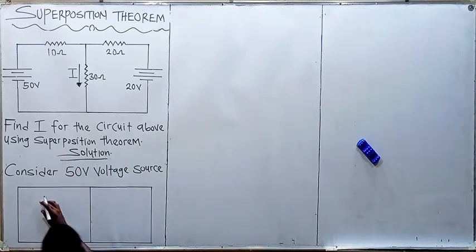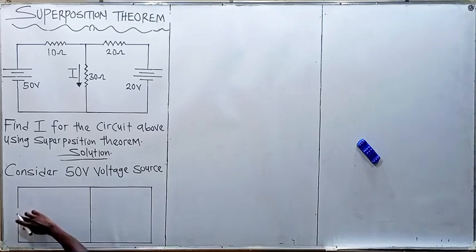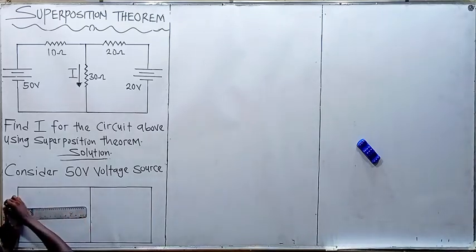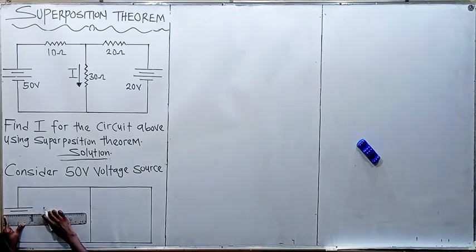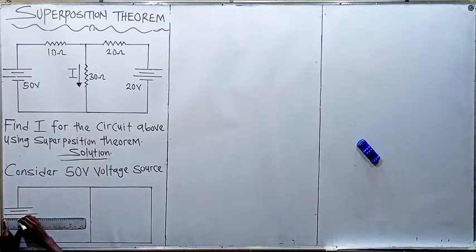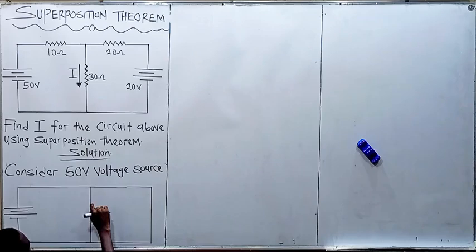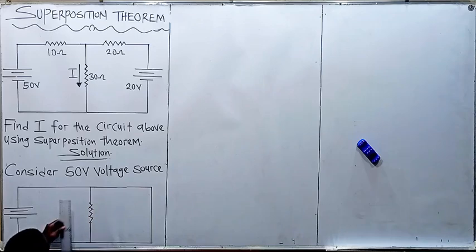Alright, so now we consider the 50 volt voltage source. So let's take this part. We can therefore join this part. So we have our 30 ohms resistance here, which is where the current I is passing.